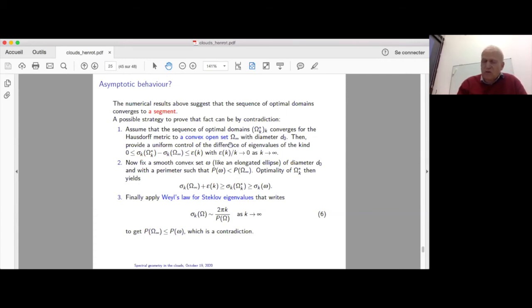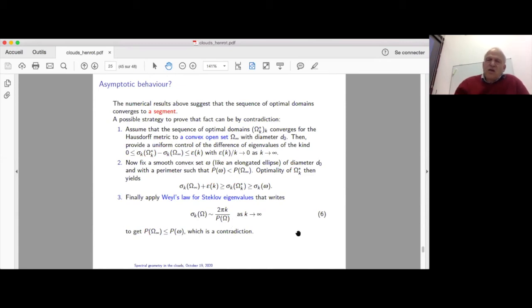It's always possible. And we would like to finish by using Weyl's law, because the Weyl law for Steklov eigenvalues, which is known for a smooth domain, involves not the volume as in the Dirichlet case, but the perimeter. So in the same way, we will get a contradiction by using the fact that the perimeter goes in the wrong direction.